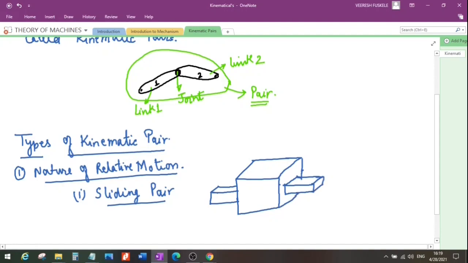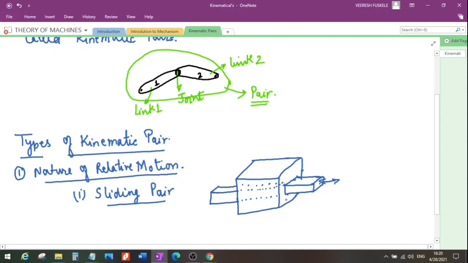So this is the rectangular rod, which is inside the rectangular hole of this prism. So this rectangular rod basically can only have the sliding motion inside the rectangular hole of the prism, right? It cannot have any other motion.